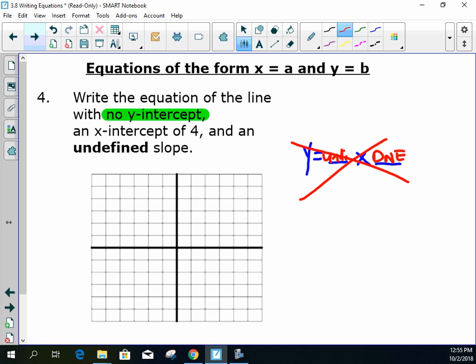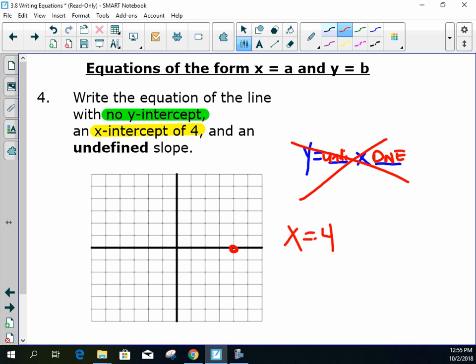As soon as you see x-intercept of 4, you know you're going to write something different. That's not going to work. This is the only time it's not going to work. X-intercept of 4 means x equals 4. What kind of line do I have? Vertical, yes. 1, 2, 3, 4.